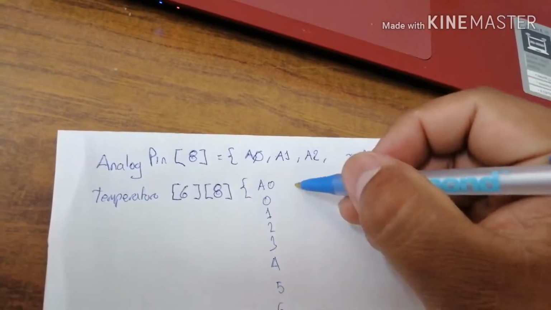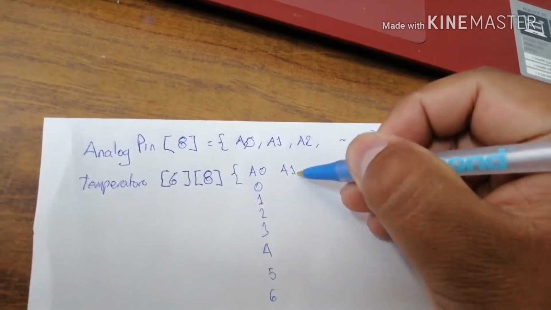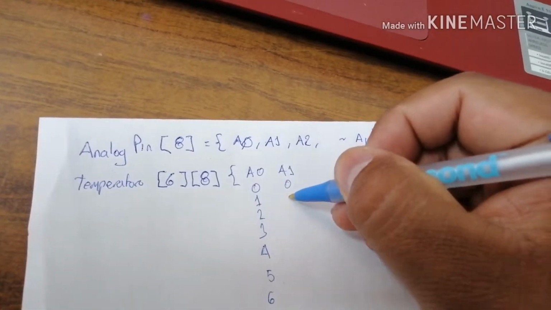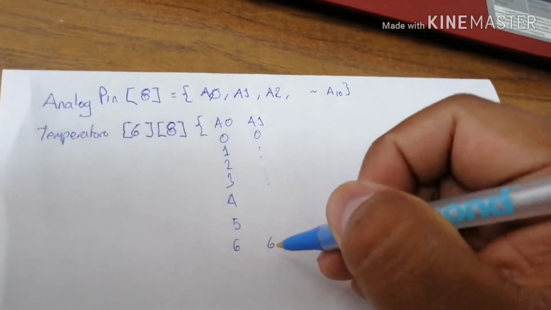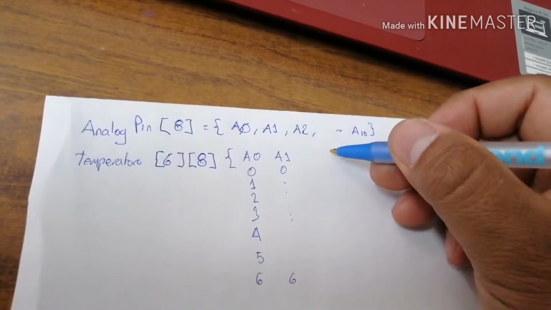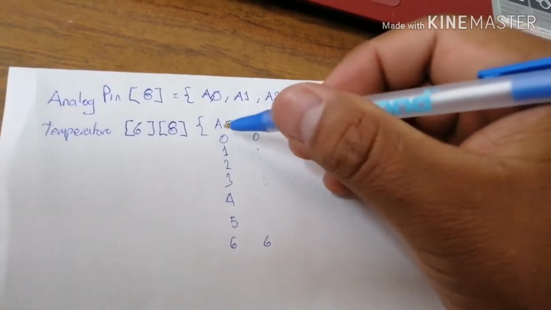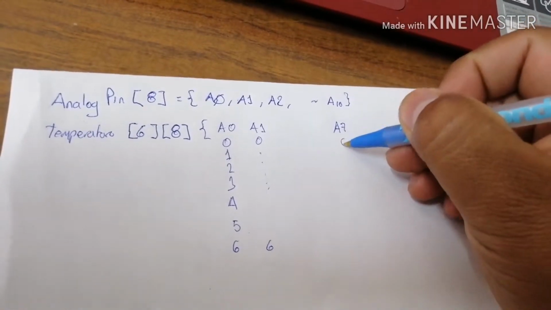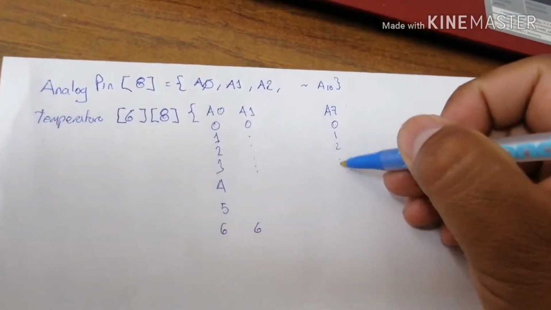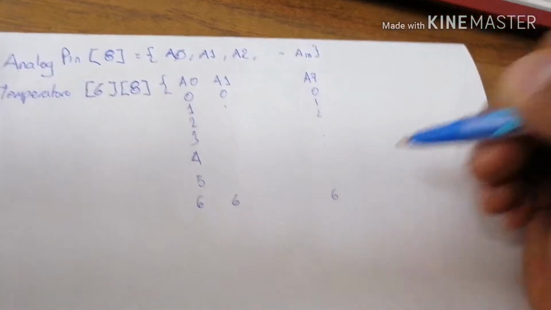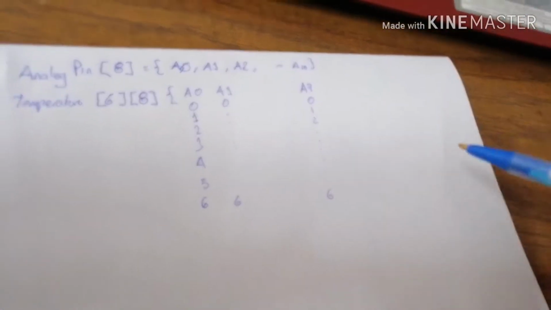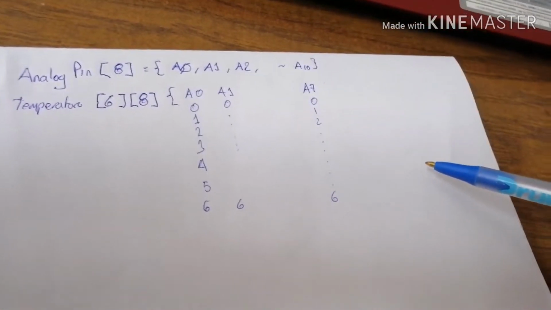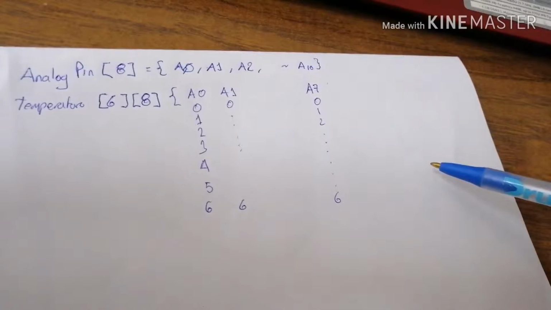For A1 we have the same amount of readings, and if I have 8 sensors, I start at 0 and end up at 7, and each one of them has 6 readings. This bidimensional array is filled by an analog read.